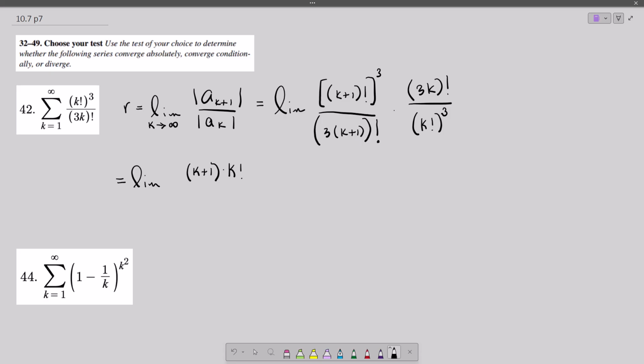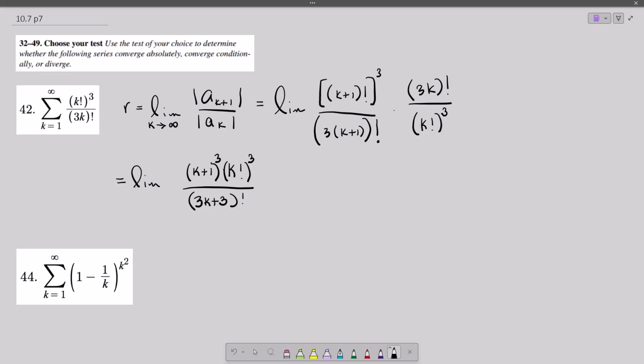All of this is cubed, so we take k plus 1 factorial, break it into two parts, k plus 1 times k factorial, and then distribute that exponent down to both factors. Down here, this becomes 3k plus 3 factorial. Down there, we distribute the 3.